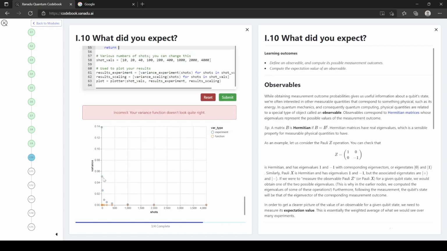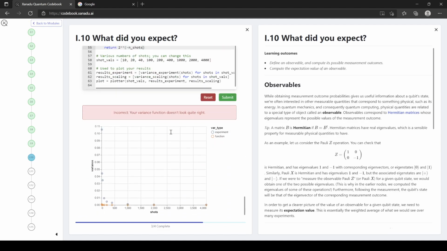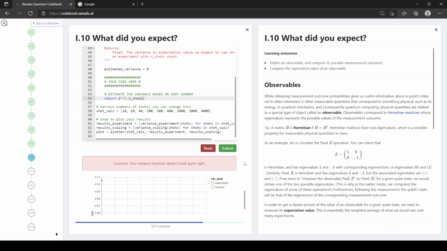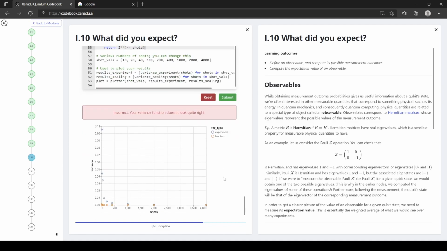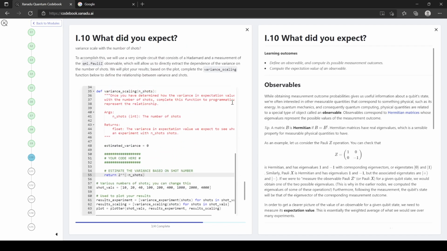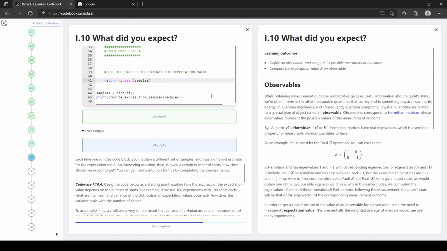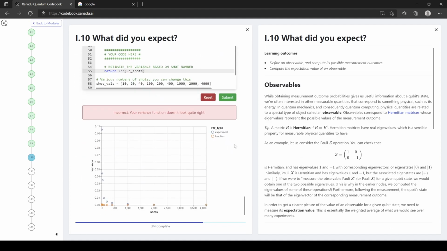Right, this is an exponentially decreasing curve right here, but I don't know exactly what the exact mathematical description of this is.